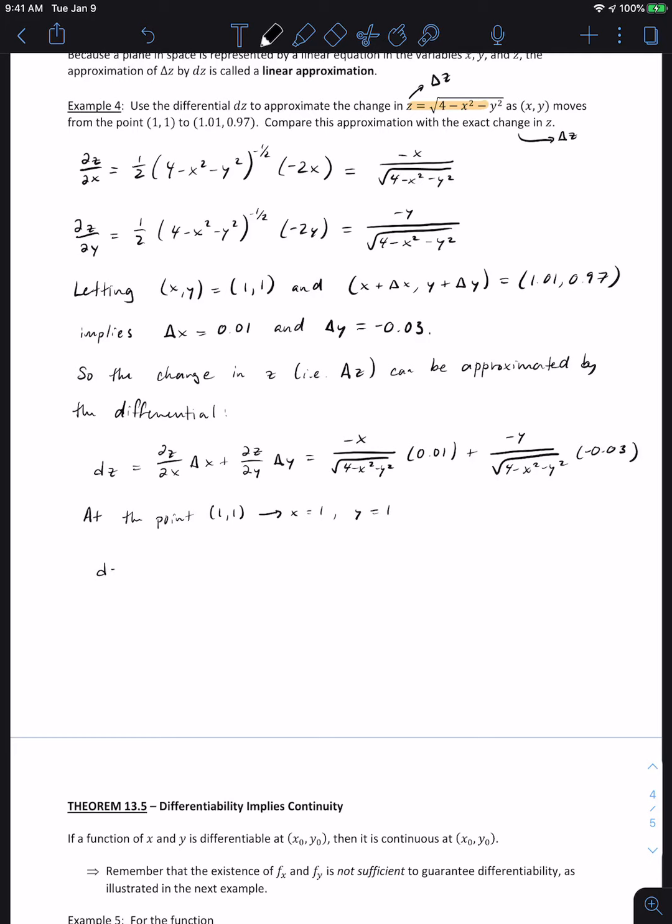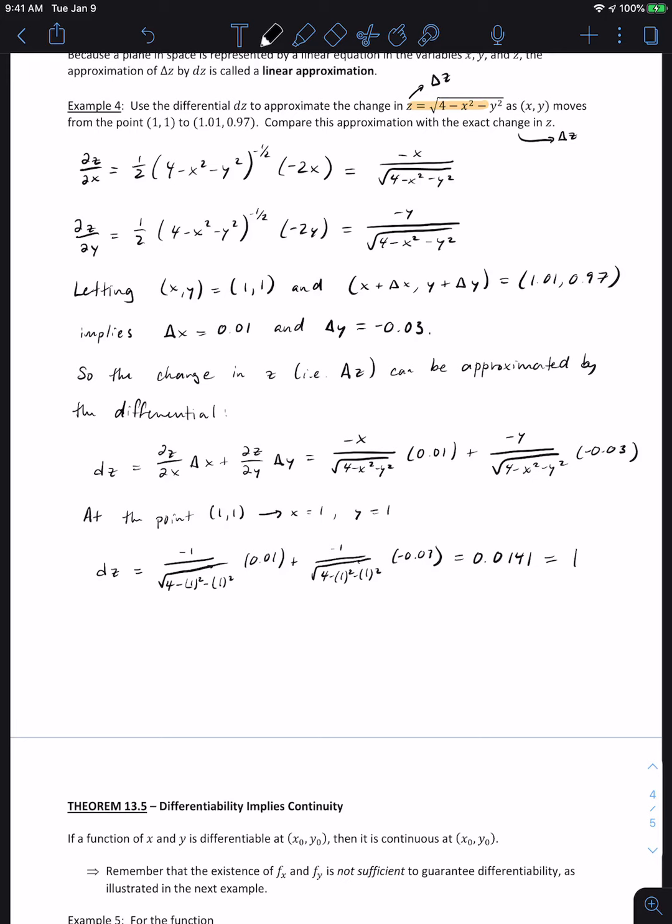So dz, if we plug in x equals 1 and y equals 1, I end up getting negative 1 over the square root of 4 minus 1 squared minus 1 squared, times 0.01, plus negative 1 over the square root of 4 minus 1 squared minus 1 squared, times negative 0.03, which equals 0.0141, right?